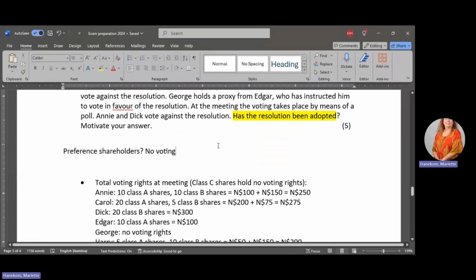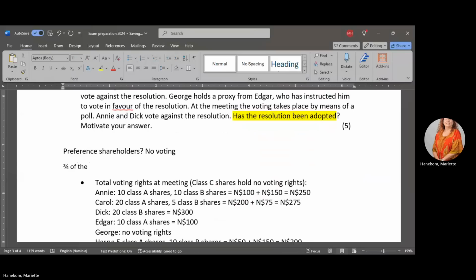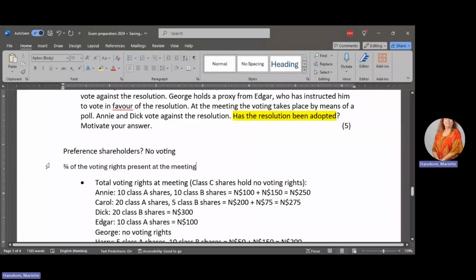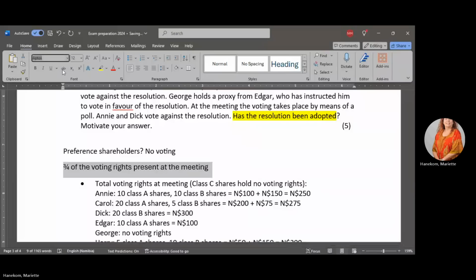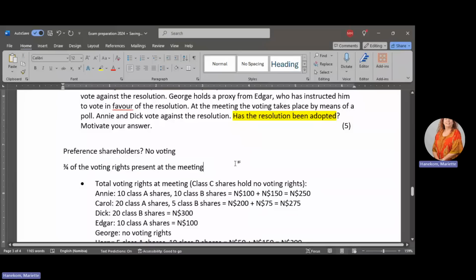In order to adopt a special resolution, we need 3/4. This isn't part of your answer, just putting it up there so that you know what we're looking at.